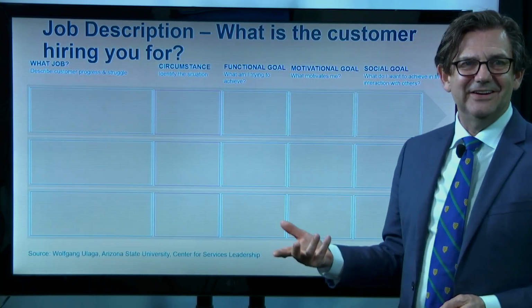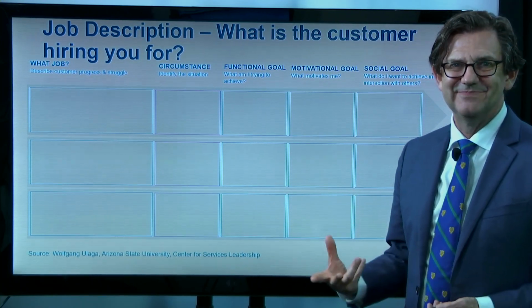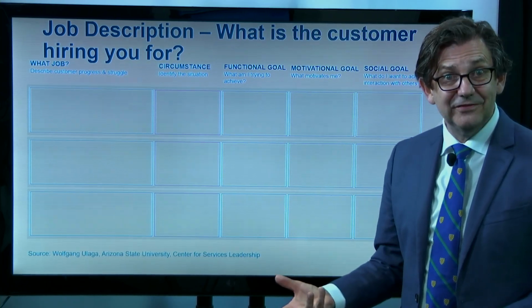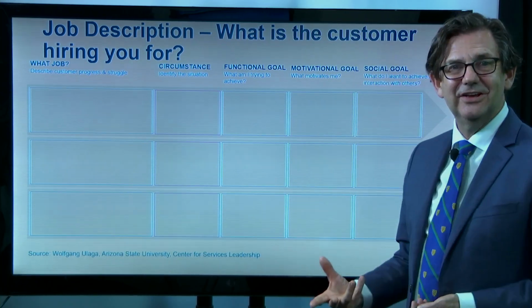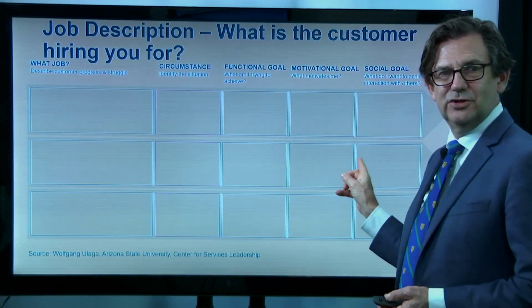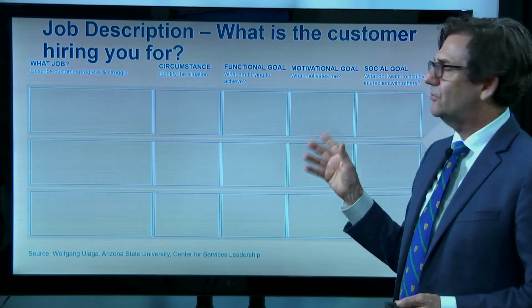So key tasks. The two core stakeholders that this business would be hired for: one for the human. So we might put human on one row, and the job for the pet that the pet wants to achieve on another row.